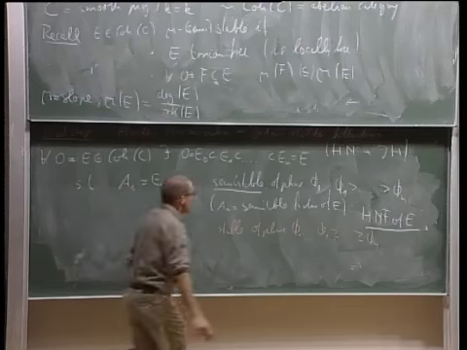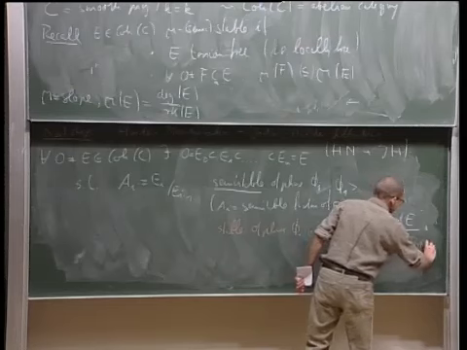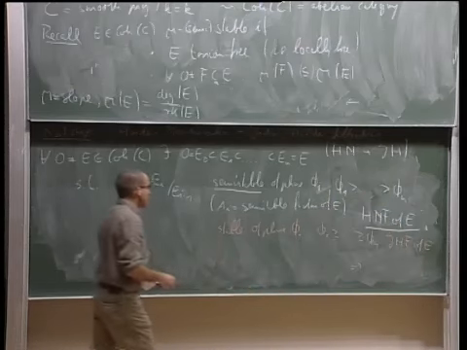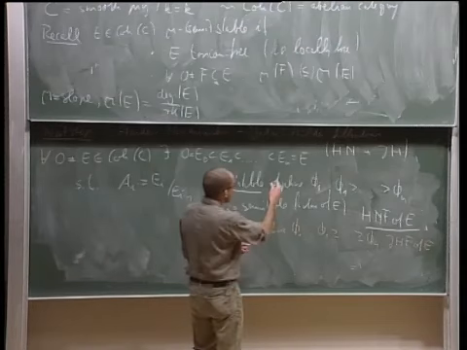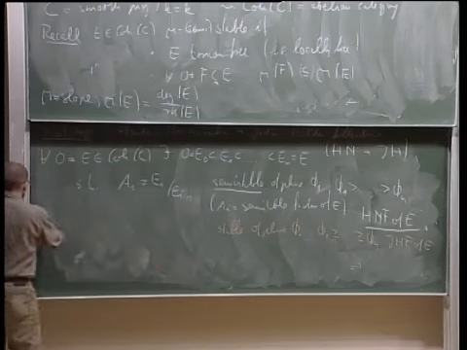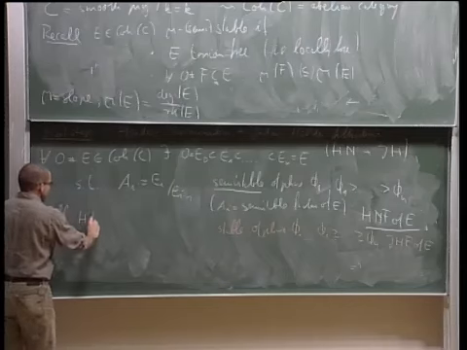And this is the Jordan-Hölder filtration of E. And one difference between the two is that the Harder-Narasimhan filtration is unique.